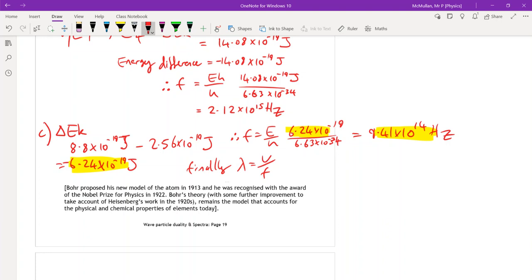Where am I now? 3 times 10 to the 8 over 9.41 times 10 to the 14 gives you the wavelength 3.19 times 10 to the minus 7 meters, or 319 nanometers. You don't have to put it in that format though. So it's outside the visible spectrum, 300 to 400 nanometers.